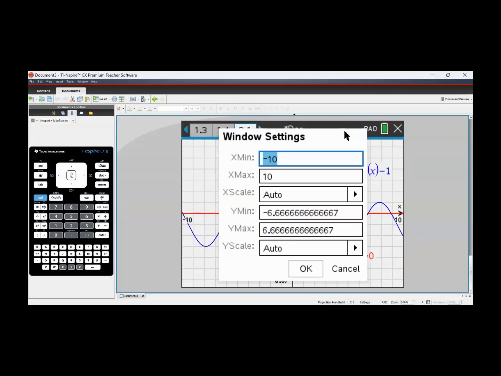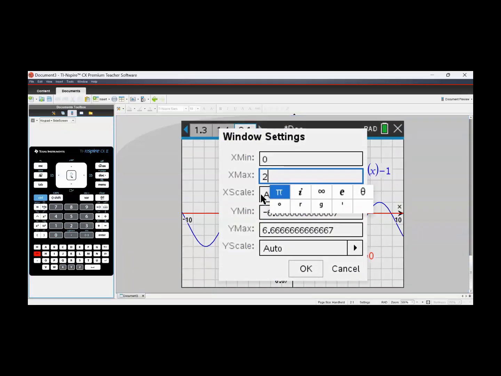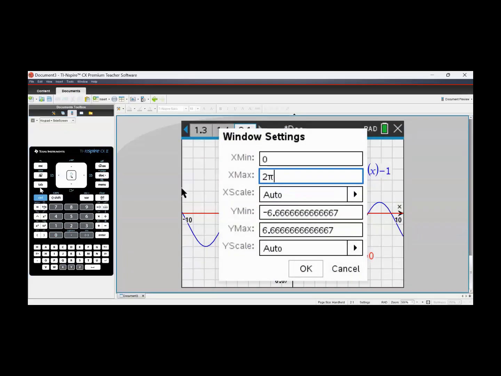Now, they told us the x values were between 0 degrees and 360 degrees, but we're in radians. So that means we're between 0 radians and 2 pi. Go to the pi key to get your pi radians. And we can tab, you can leave this on auto if you want, but some people always like to have pi over 2 so that it's familiar to them.